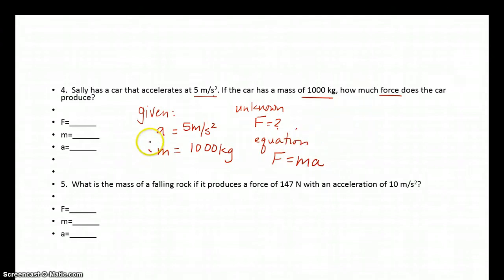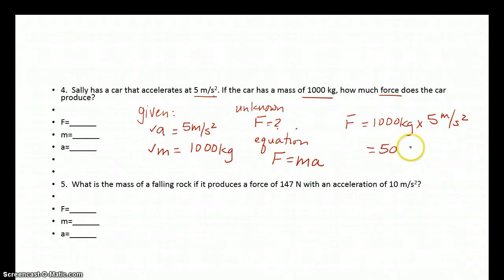I have my mass, I have my acceleration, so I simply plug it into the formula. Force equals 1,000 kilograms times 5 meters per second squared, to give me an answer of 5,000 newtons.